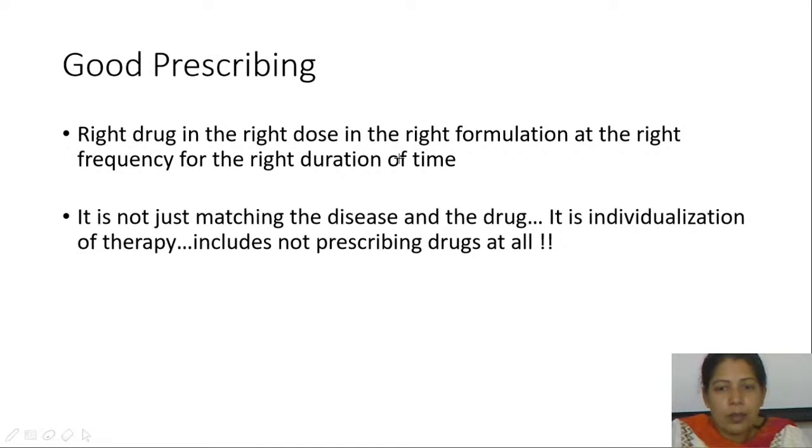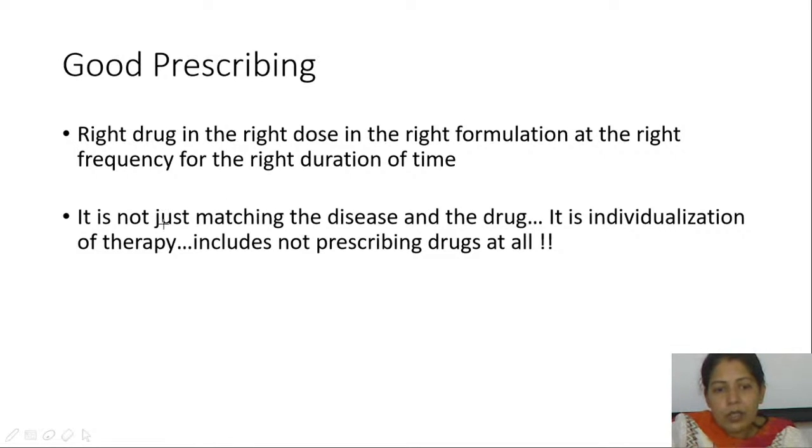For example, the drug is omeprazole, dose is 40 milligram, formulation is capsule, frequency is OD, duration is 5 days. So capsule omeprazole 40 milligram once a day for 5 days. That's how you prescribe the drug. Do not skip any of these, or you would be making an error.